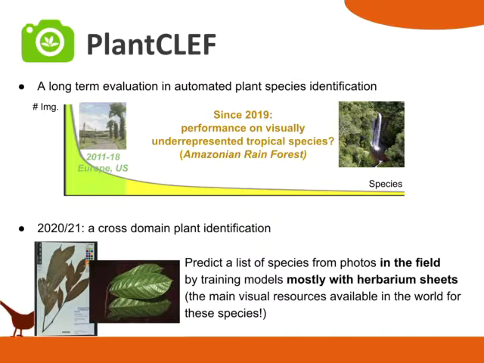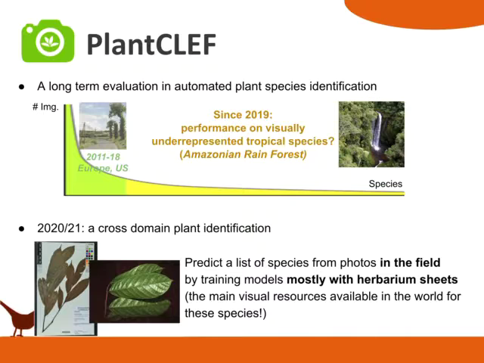But since 2019, we are concentrating on the most difficult species, which are the ones in tropical regions, such as the Amazonian rainforests, in which the biodiversity is the highest, but also for which we have much less data, and so the problem is much more complicated.